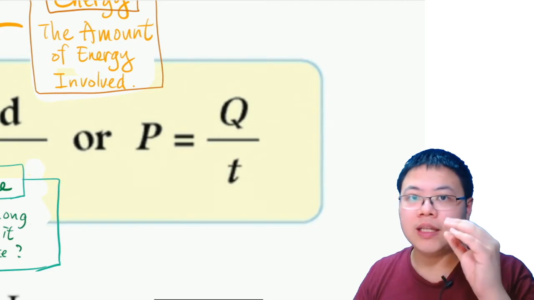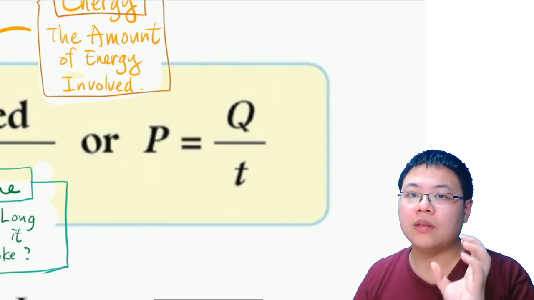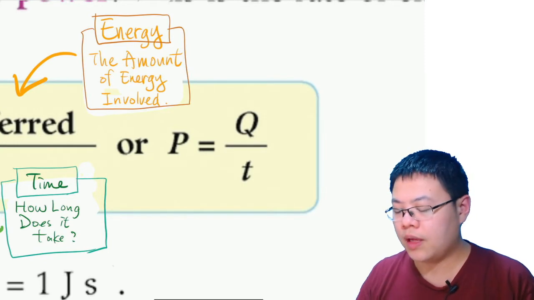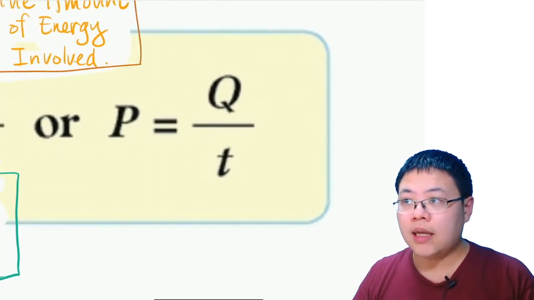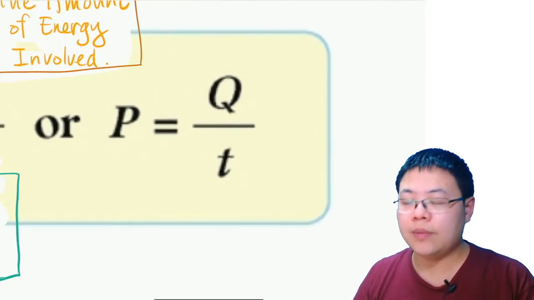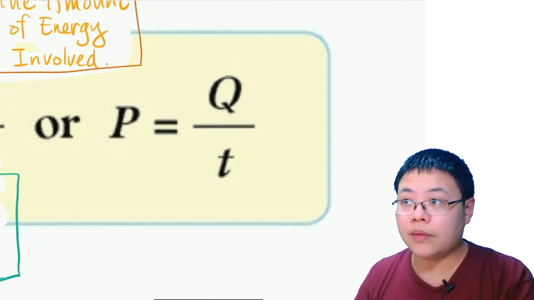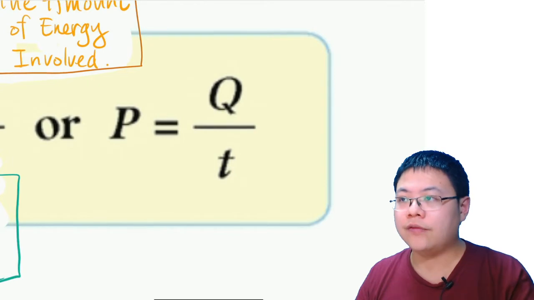But if it is specifically mentioning heat flow, usually we use Q. And t has to be a small letter because large letter T is for temperature. Lowercase t is for time.